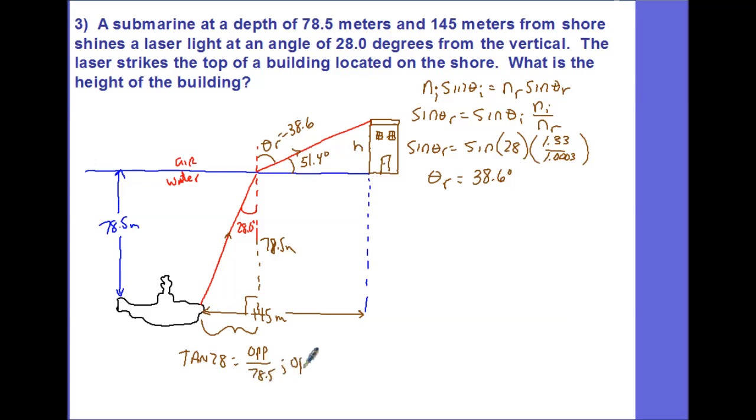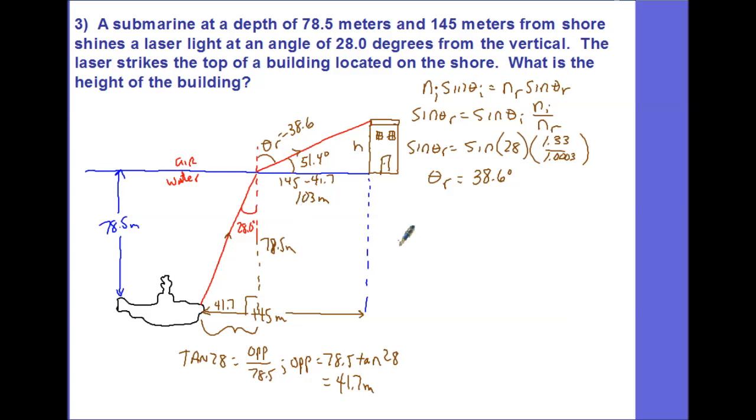So the opposite, which is what I'm looking for, is 78.5 times the tangent of 28, which is about 41.7 meters. If this is 41.7 and this entire thing is 145, this would be 145 minus 41.7, which is about 103 meters. So this distance here is about 103 meters.